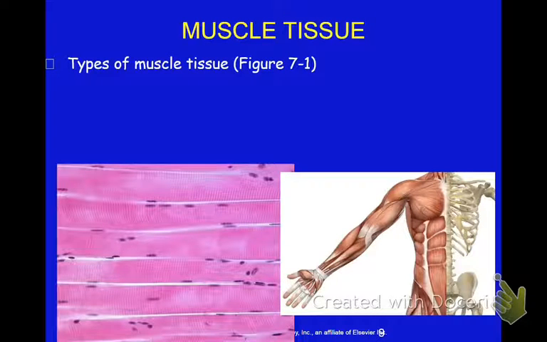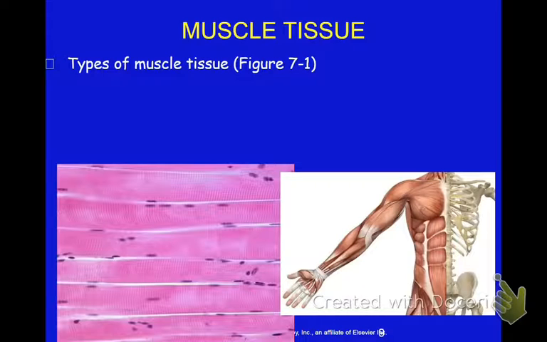So if I say it has striations and intercalated discs, what muscle type am I talking about? That's skeletal. No, not skeletal.